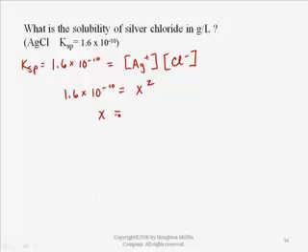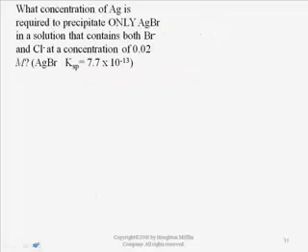So my solubility is the square root of 1.6 times 10 to the minus 10, and so 1.26 times 10 to the minus 5. That means that at equilibrium, this will be the molarity of the silver, the molarity of the chloride, and this will be how many moles per liter of the silver chloride dissolved. That's the solubility.